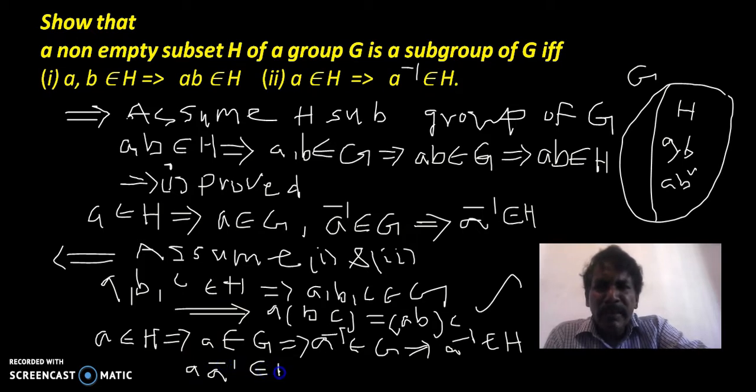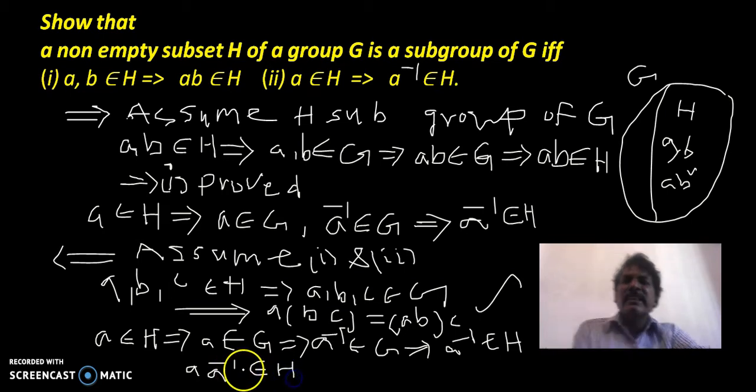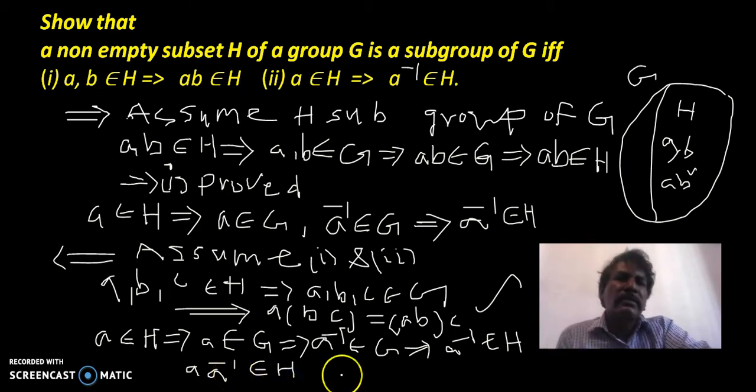We assumed the second condition, and from it we see this. If A into A inverse belongs to H, that means what? By the definition of a group, if an element is combined with its inverse, you get the identity element.